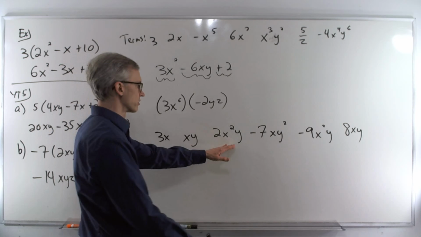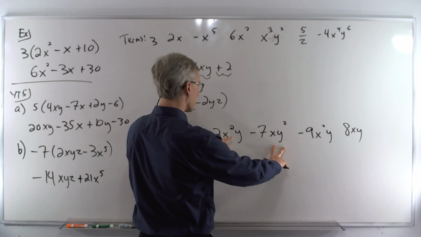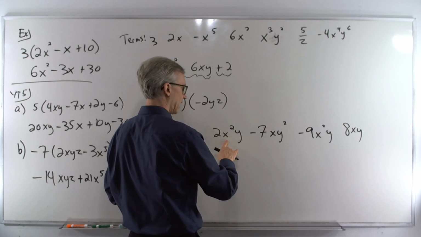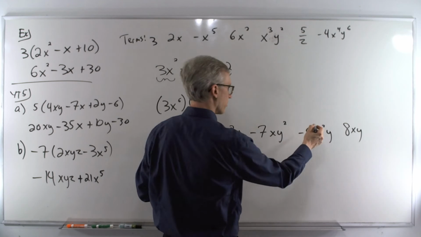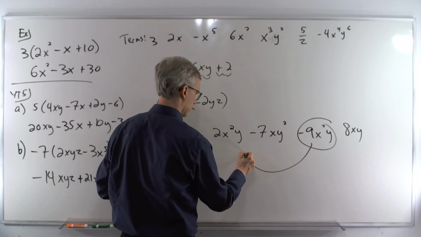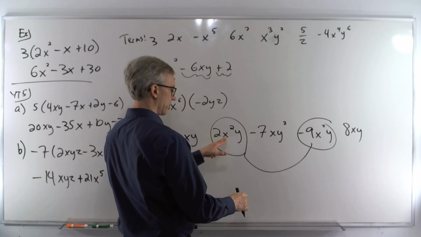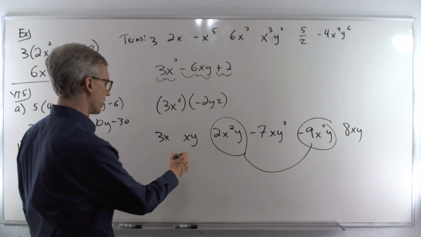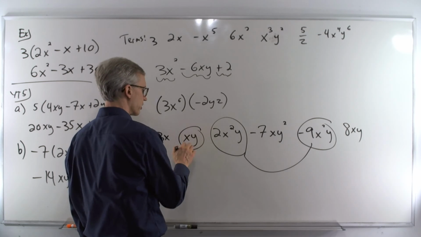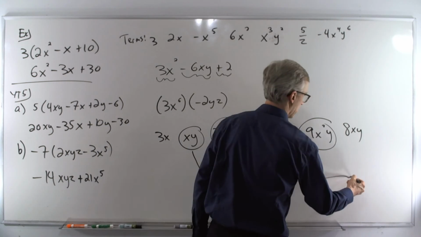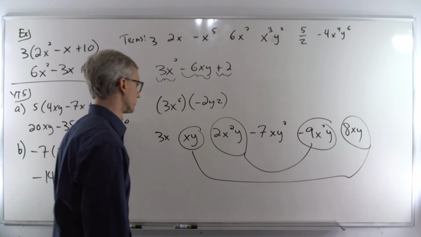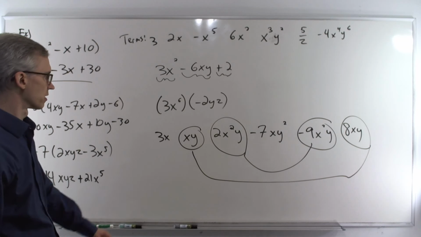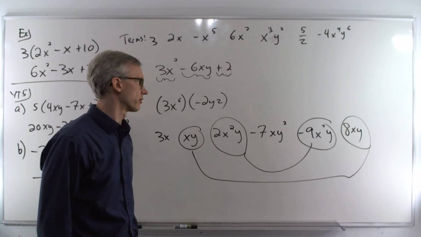Now it may look like these two are the same because we have the same variables x and y, we have the same exponent, but here the exponent's on the y and here the exponent's on the x. So those two are not like terms, but these two are. Those have exactly the same variable part, x squared y. And then the other two, we got xy here. It doesn't matter if it has a coefficient or not. And then 8xy. Those are the only matching pairs, so these would be unlike terms, unlike the rest.